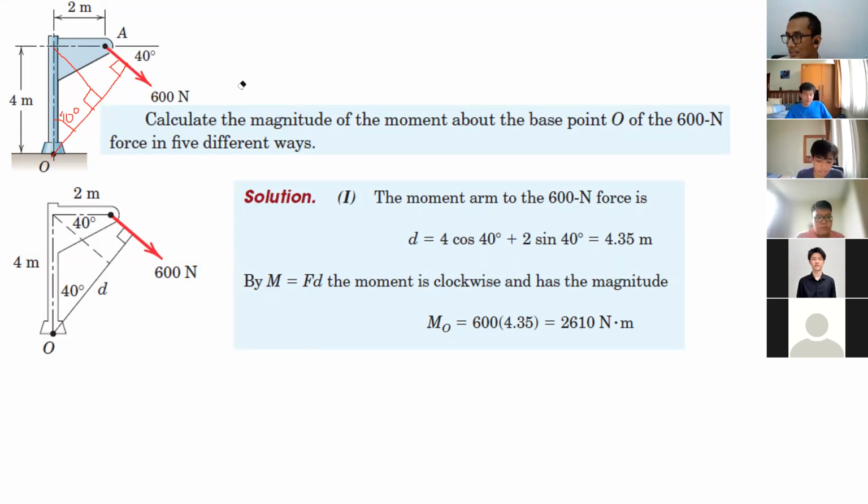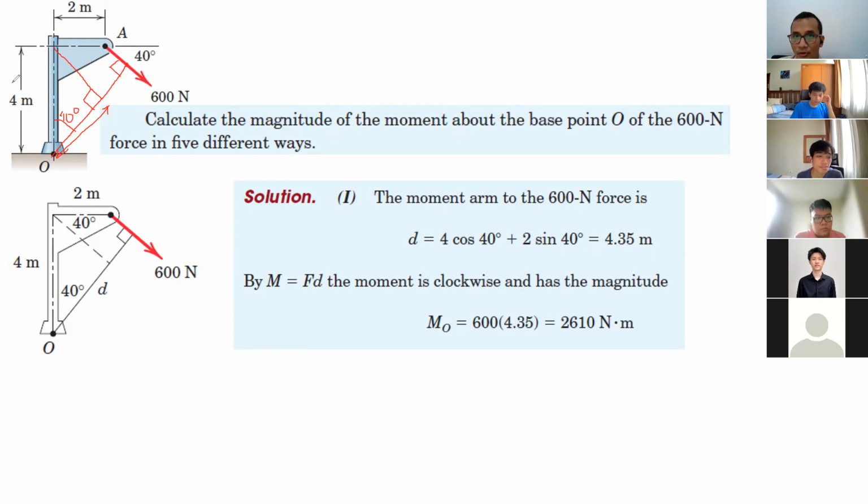Correct or not, Fauzan, Safran, and Sam? Yes, sir. Yeah, we have 4 meters here. We have 40 degrees angle here. Using these two values, of course, we will be able to find out this particular line. How to find it?